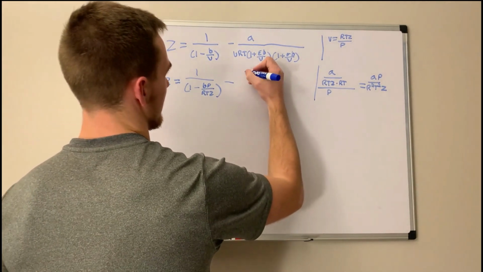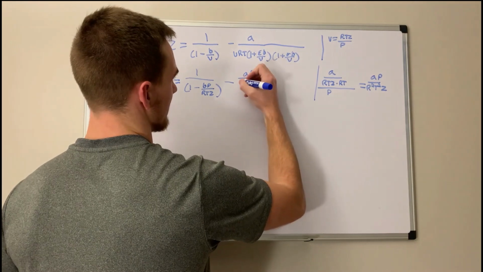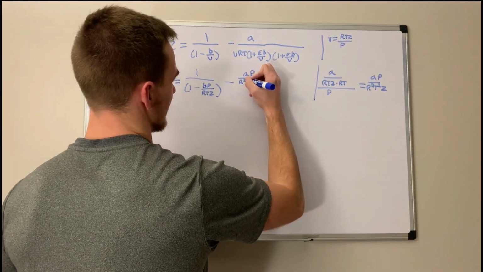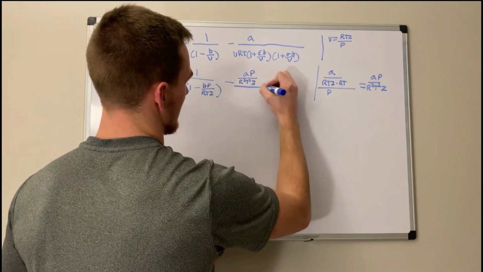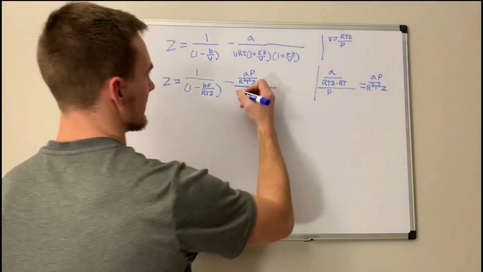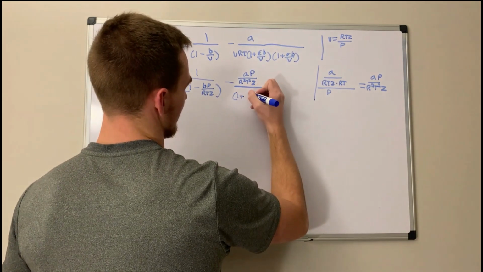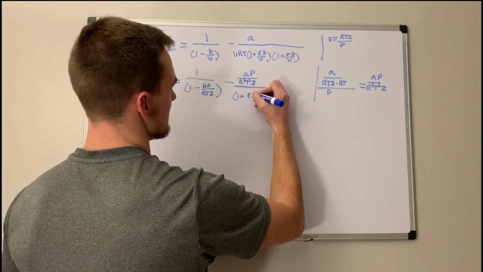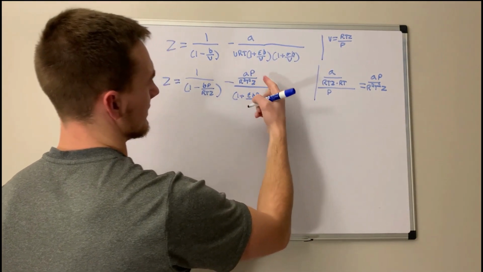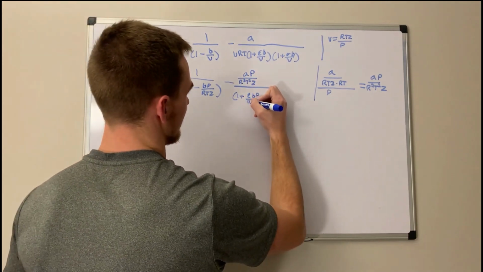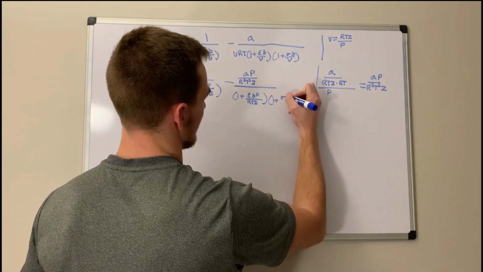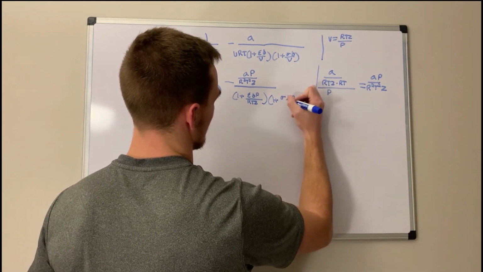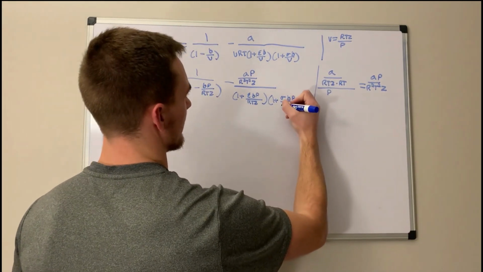So we will have AP over R squared T squared times Z, and this will all be over 1 plus epsilon BP, and flipping, so we have RTZ, and this will be 1 plus sigma BP over RTZ.